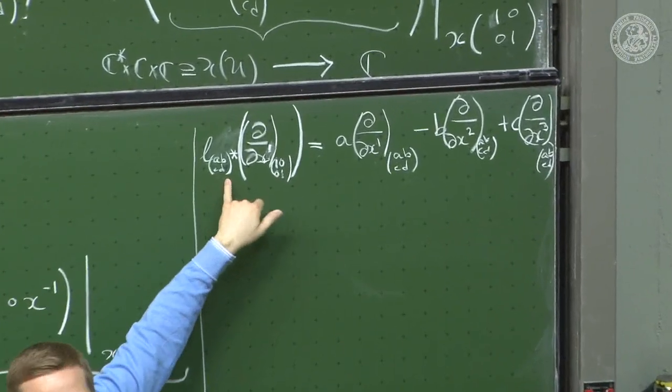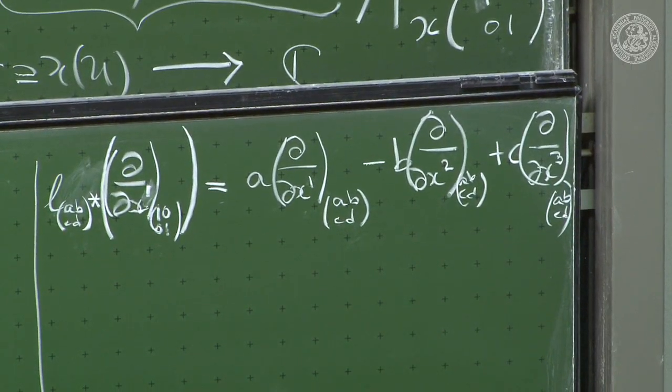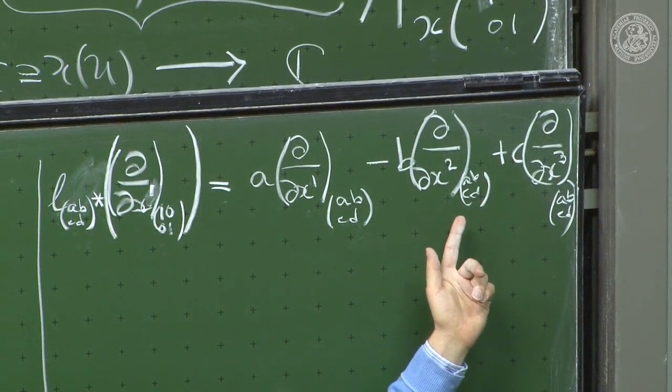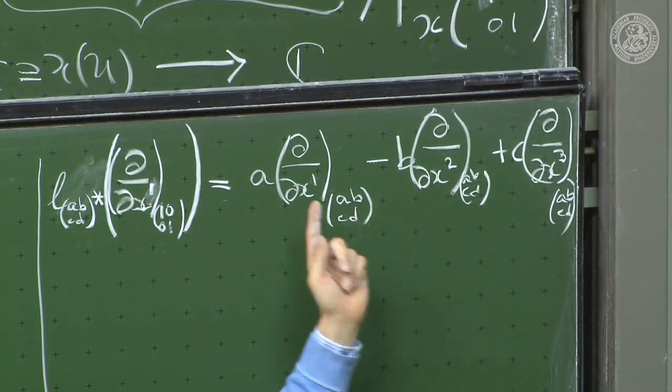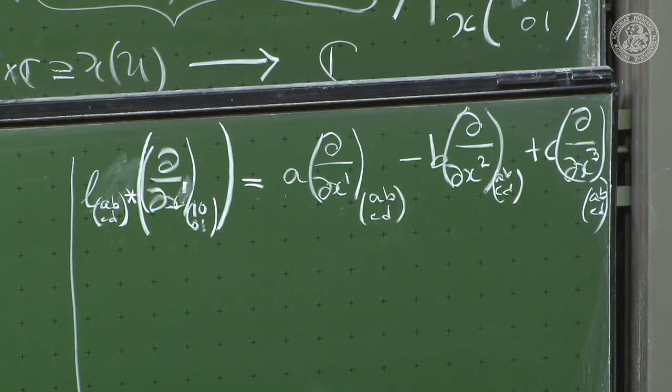I push it forward to the point A, B, C, D. There it becomes a linear combination of the coordinate-induced basis at the point A, B, C, D with the coefficient components A, minus B, plus C.